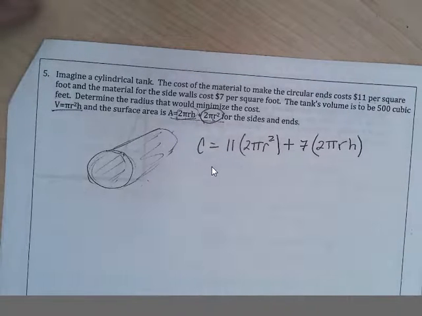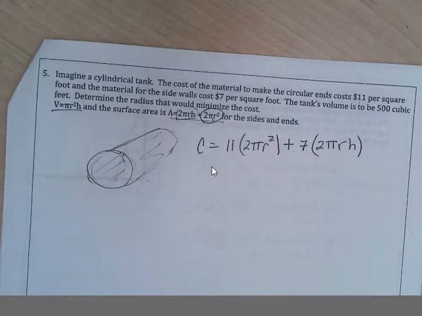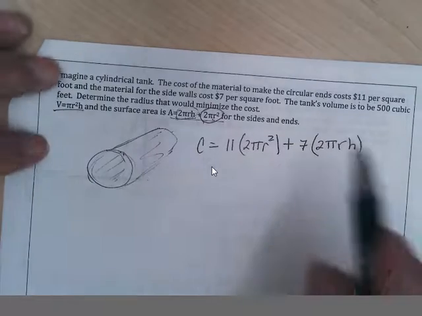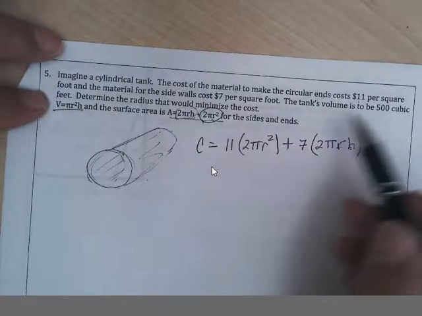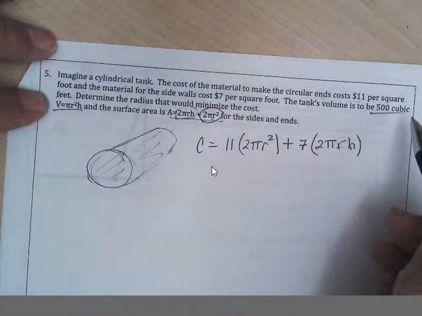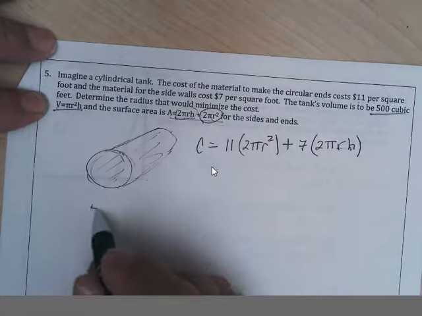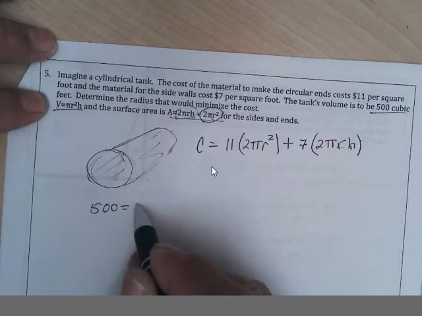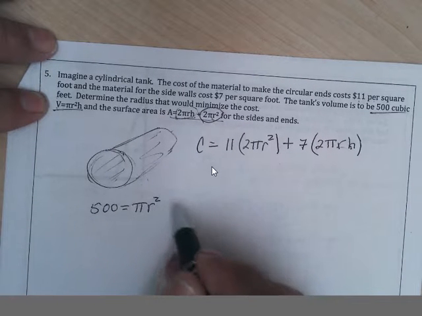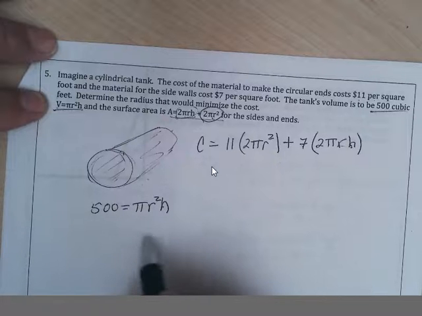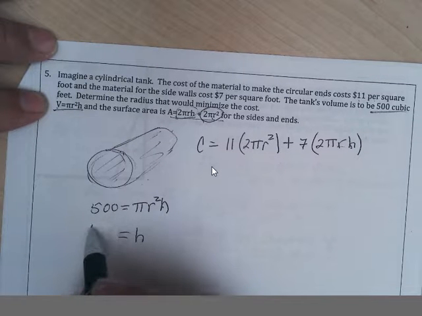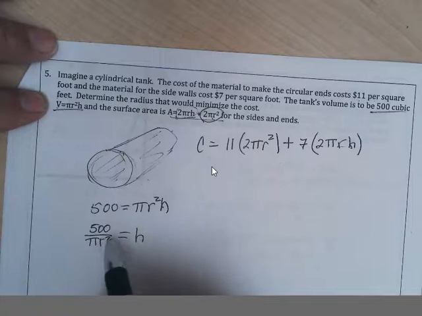So there's what we got to take the derivative of and set equal to 0 and find the max or min for it. But we've got an r and an h, and they told us the volume is 500, so we have 500 equals pi r squared h. I think we can solve for h pretty easily, and it would be 500 divided by pi r squared.